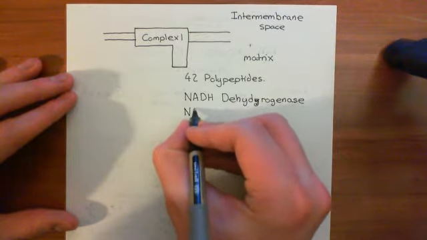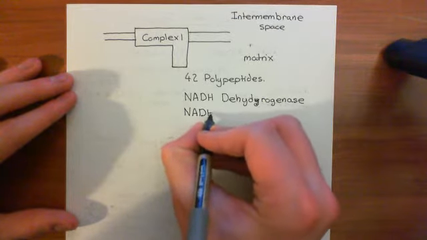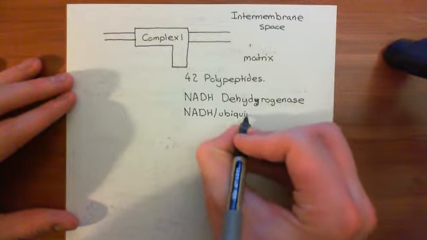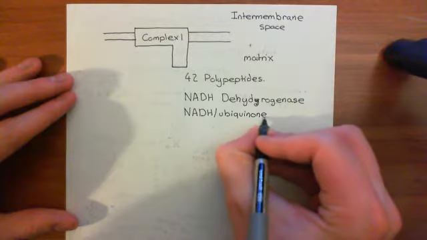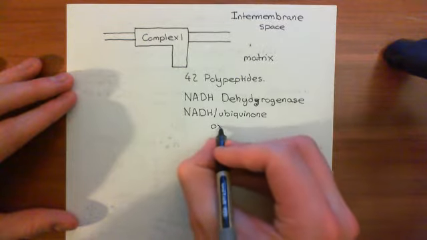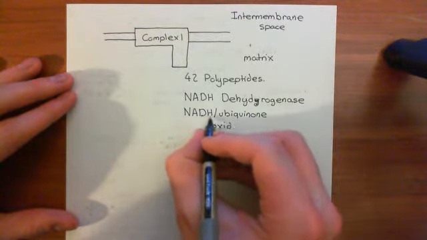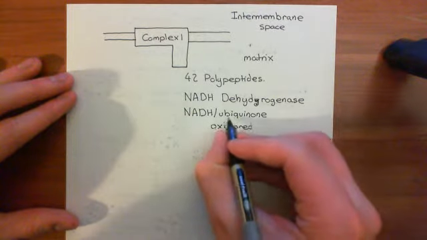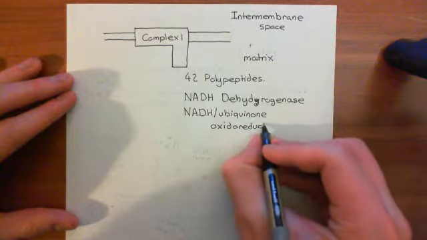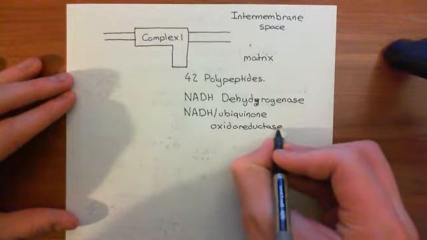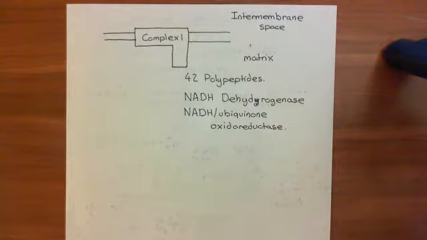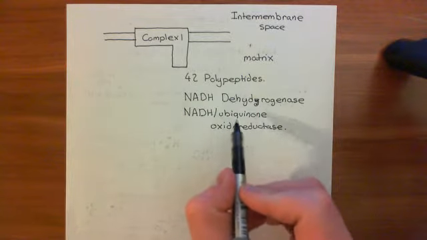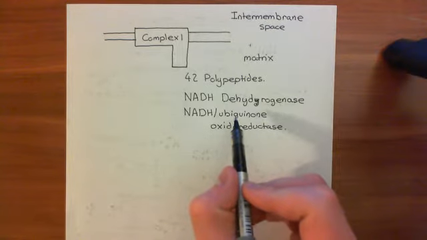It's also called NADH/ubiquinone oxidoreductase. This reflects the fact that it's going to oxidize one molecule, the reduced NAD molecule, and it's going to reduce another molecule, the ubiquinone molecule. So basically that's what complex 1 is going to do. It's going to take the electrons off the reduced NAD molecule, and give them to the ubiquinone molecule.